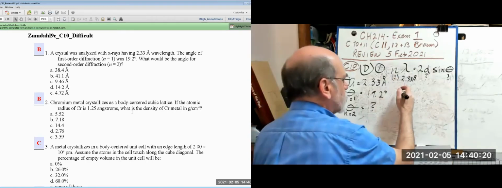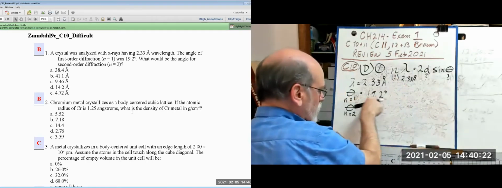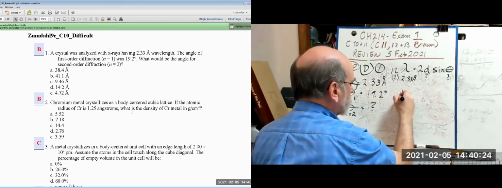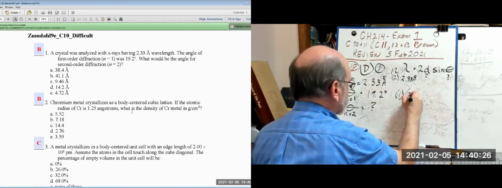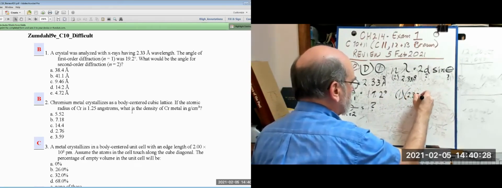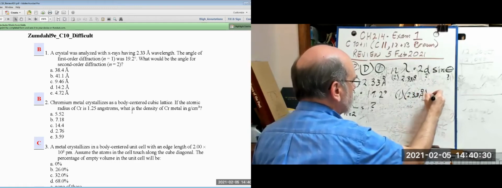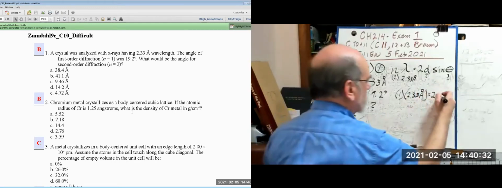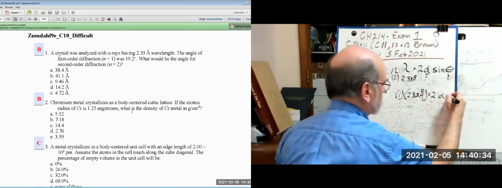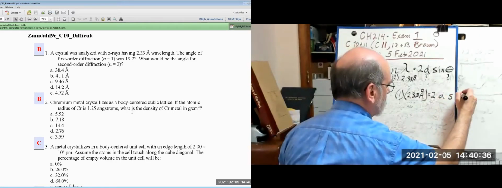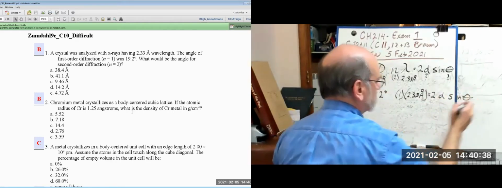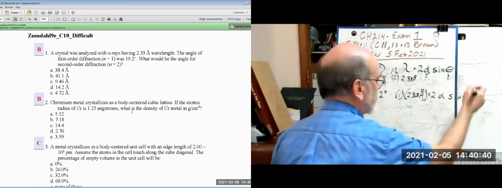Well, the first one would be 1 times the wavelength equals 2 times d times the sine of theta. And that's theta 1.